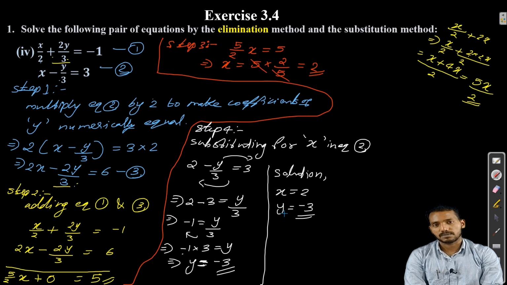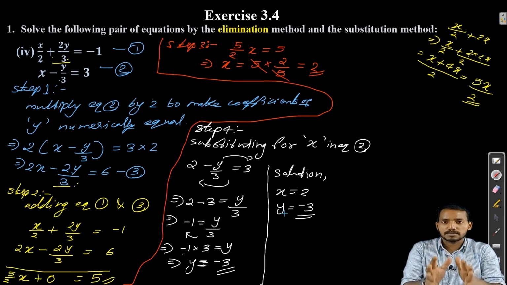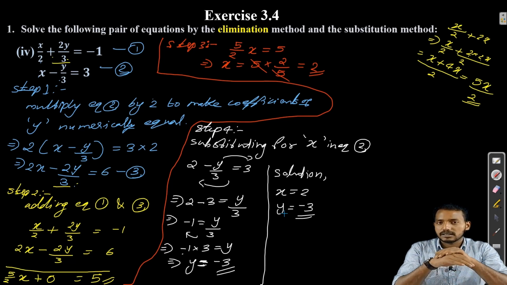You try yourself. Let's sum up the steps. First one is just to make the coefficient of x or y numerically equal. If it is already equal, then nothing to do. Just proceed to step 2. What is step 2? Add or subtract the equations.